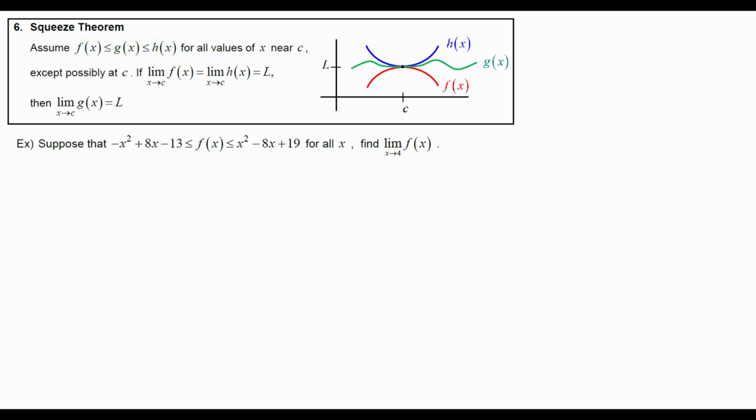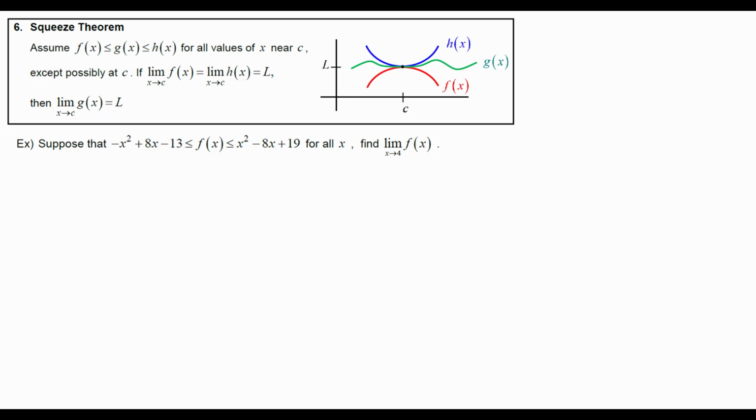Now let's say the limit of the f of x function as x approaches c is L, and the limit of the h of x function also has the same limit value as x approaches c. Then the middle function g of x, as x approaches c, has to have the same limit value, since the highest and lowest have the same limit.